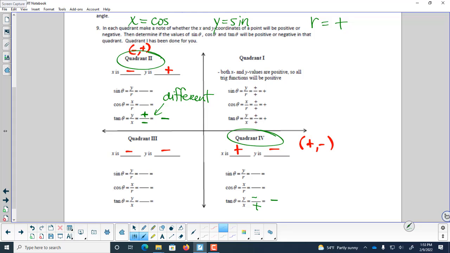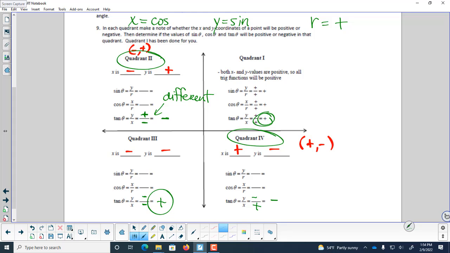Okay, so this is what I like to remember: tangent is going to be negative in quadrants 2 and 4. 2 and 4. Notice how they're opposite of each other. 180 degrees apart. Pi units, okay? Tangent is positive in quadrant 1 and 3. Notice how they're opposite of each other.